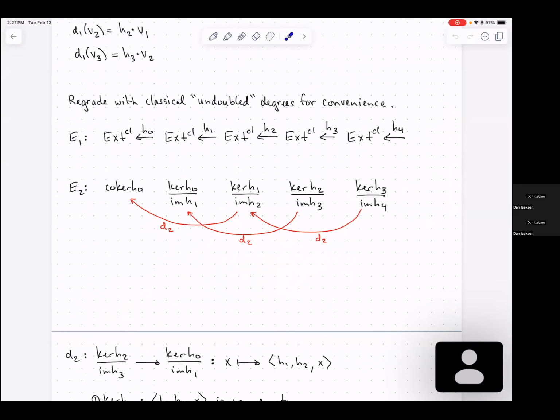You could draw these Hi multiplications going the other way and define D1s, and then write down the brackets in the other order. So rather than H1, H2, X, it would be H2, H1, X and so forth. You can write D2s going the other way. You could build an object that looks like a dual version of this spectral sequence.